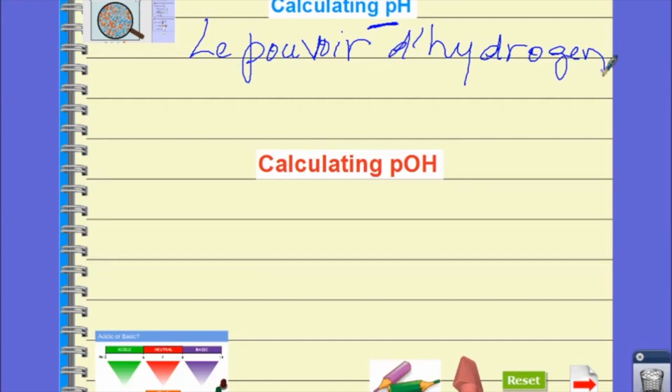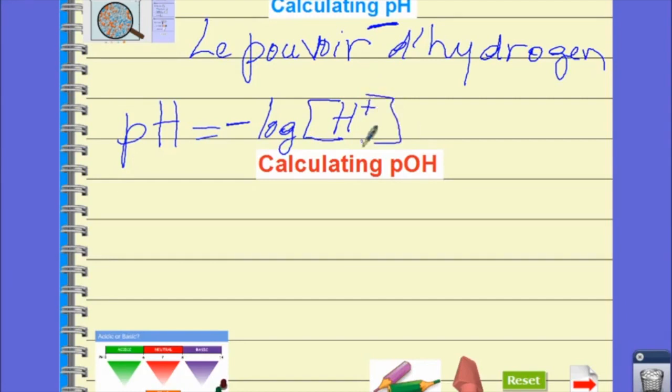What does that mean? The formula for pH, you need to know it, equal the negative log of the concentration of hydrogen ion. So if you have a very cheap calculator that has no log, then you will have problems for this unit. We will be using the log base 10. Negative log of the concentration of hydrogen.